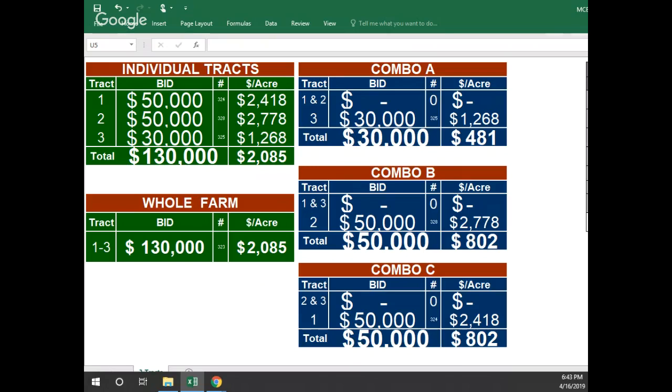Go 60,000 on 2. So maybe you might like that number better. That just ties it, guys. The whole farm was at 130,000 first. They hold the bid on the whole farm. Any other interest?